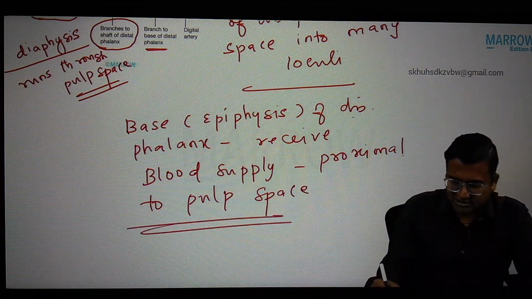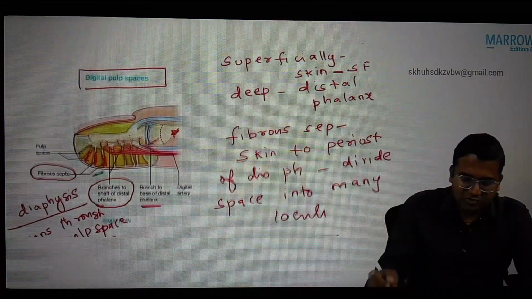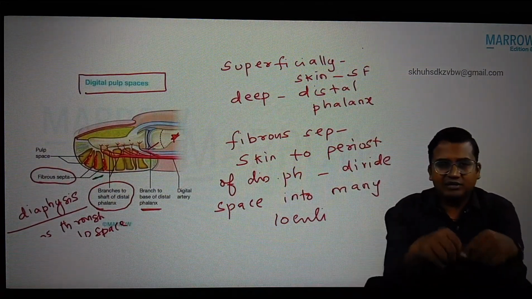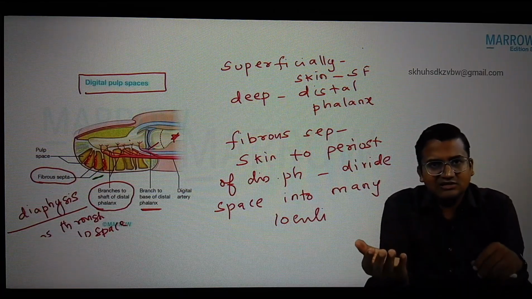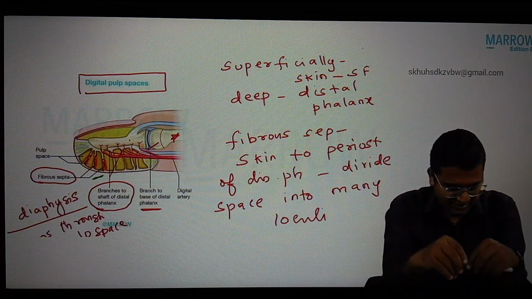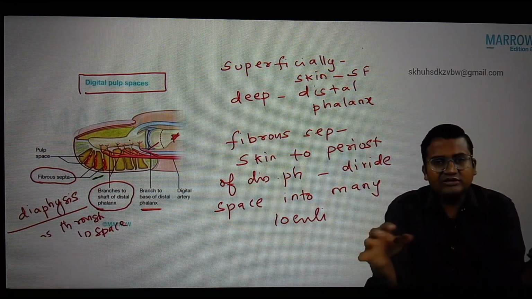These are the points you have to know about the pulp space. Pulp space infection is called Whitlow. I hope you know that. Right. So that's all about the spaces in the hand. We discussed the mid-palmar space, the thenar space, and we also discussed the pulp space.